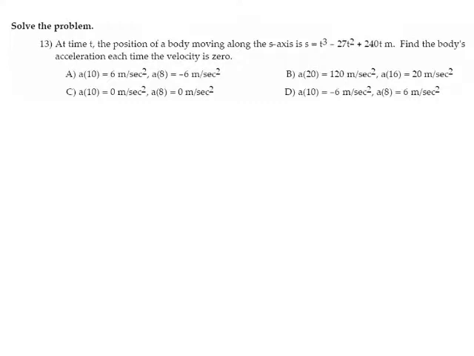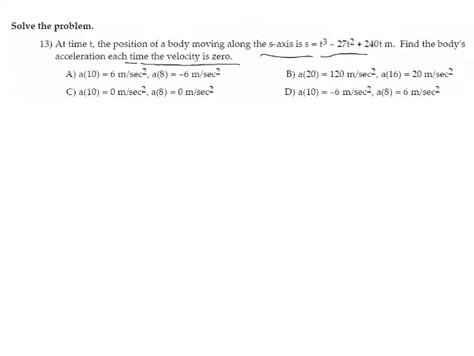Our 13th problem, we're given a position of a body moving along the s-axis: s equals t cubed minus 27t squared plus 240t. Find the body's acceleration each time the velocity is equal to 0.